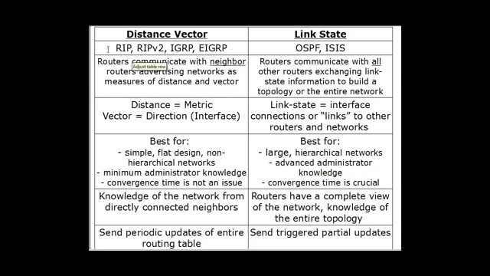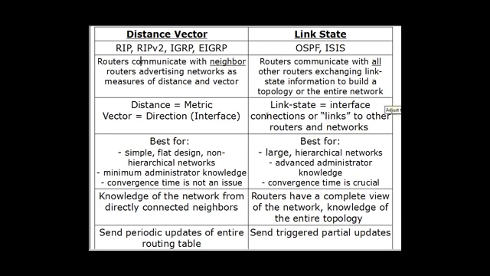RIP is the oldest routing protocol out there. It's quite old and a little bit outdated, but we still learn it in the Cisco curriculum. And then link state protocols, I've got here OSPF, Open Shortest Path First, and ISIS, and you have to know how to configure OSPF in the Cisco CCNA.